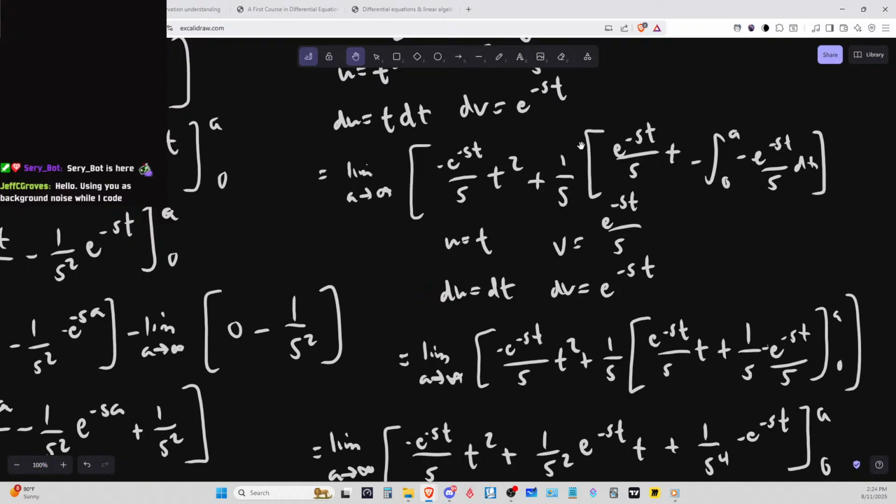Usually it's whenever I have to do integration by parts two times that I start making mistakes here. So let me take a deeper look at what I missed.